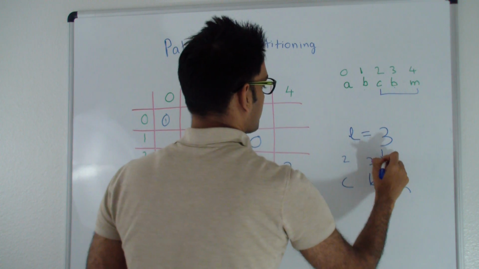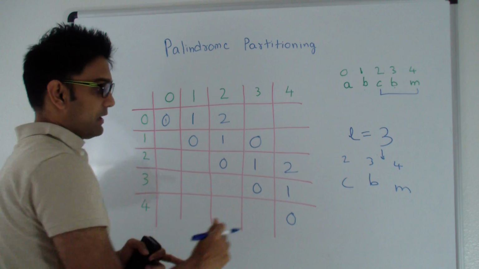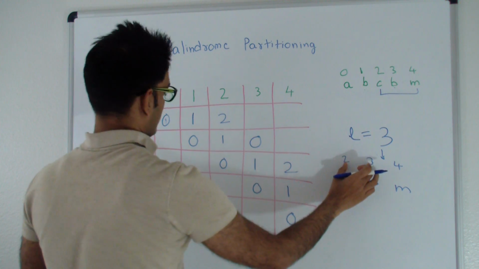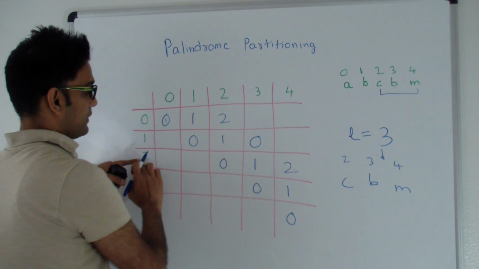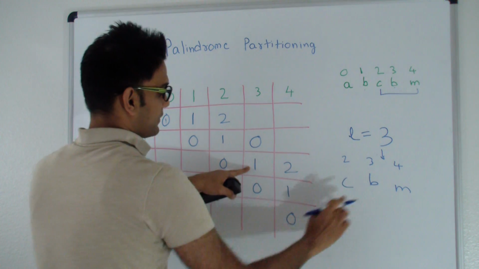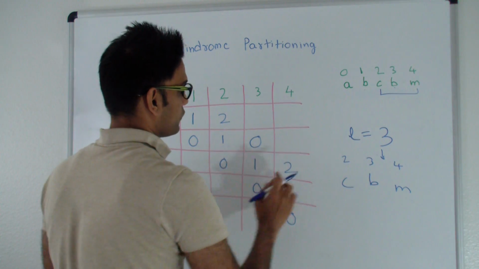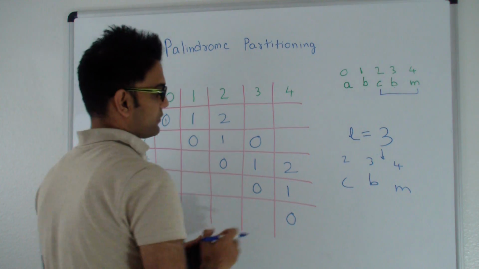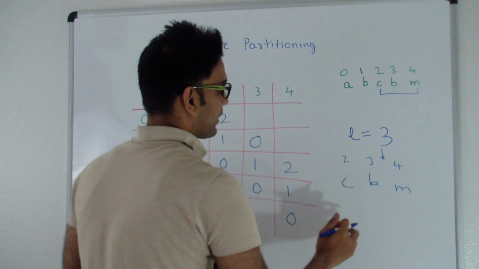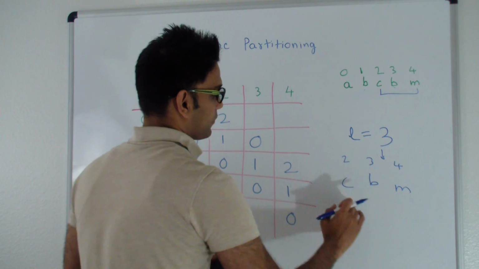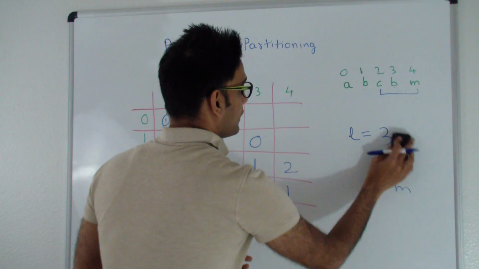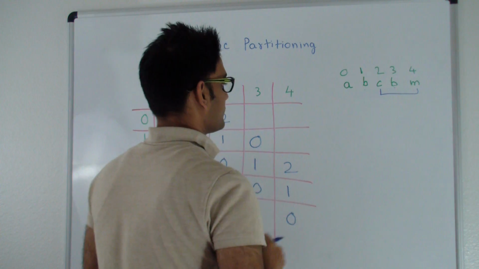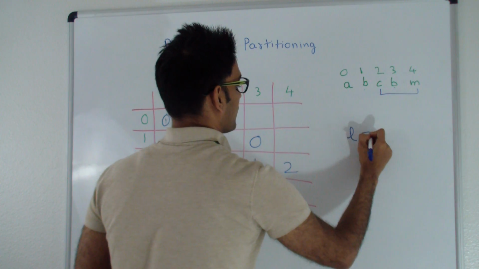Or I can split at this point, in which case it will be T of 2, 3, which is 1, plus T of 4, 4, which is 0, plus 1, so 2. So the minimum number of splits it will take to make all the parts palindromes is 2. So for L is equal to 3 we are done. So let's try L for 4.